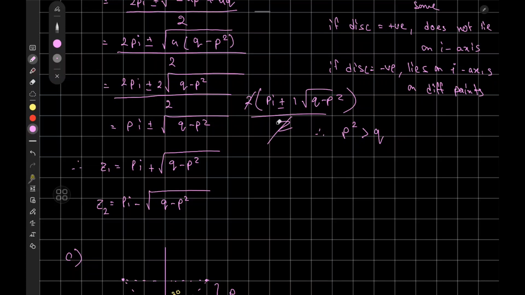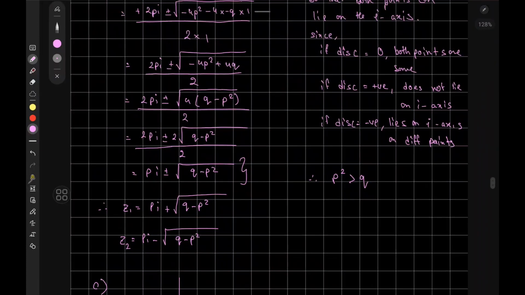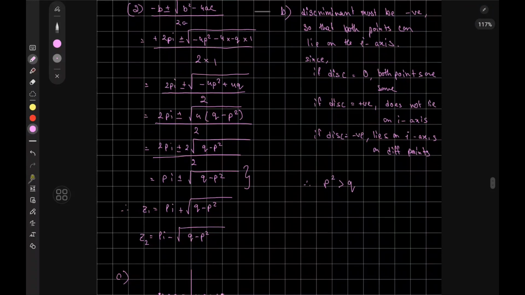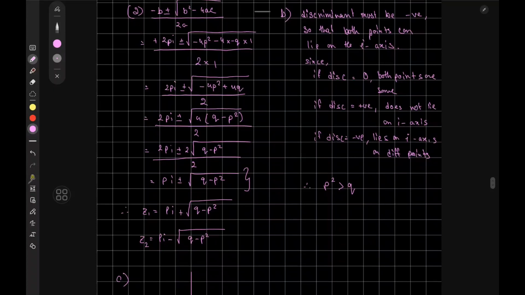So this 2 and this 2 get cancelled out. You are left with this expression, which is pi plus minus root over q minus p square. Since there is a plus minus, you are going to get 2 answers. One is pi plus root over q minus p square, and the other is pi minus root over q minus p square.